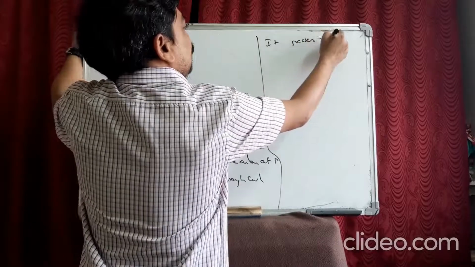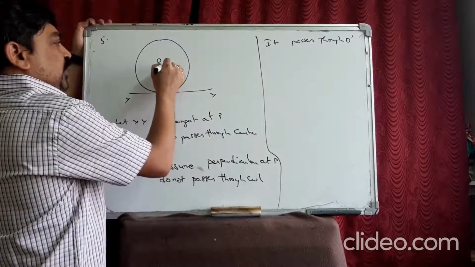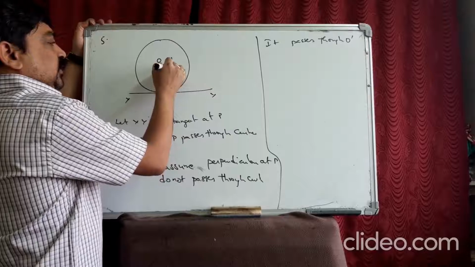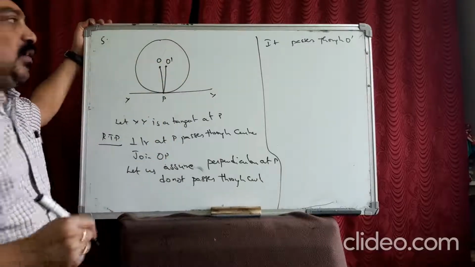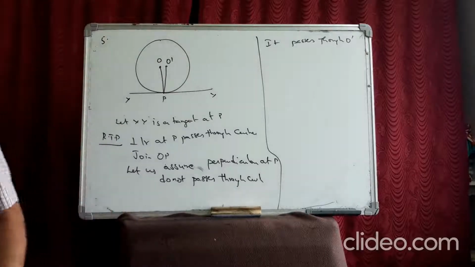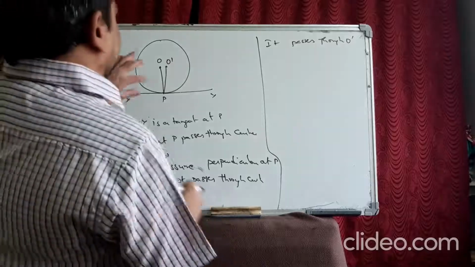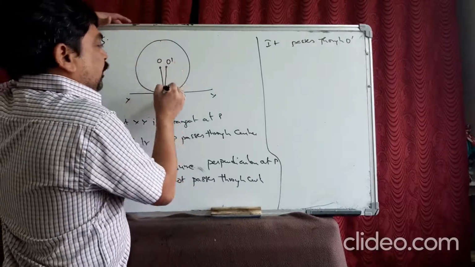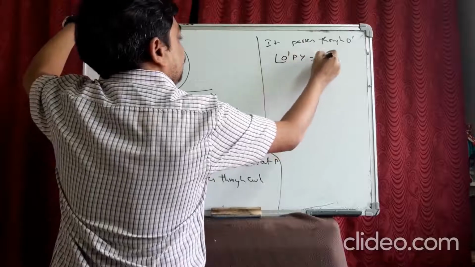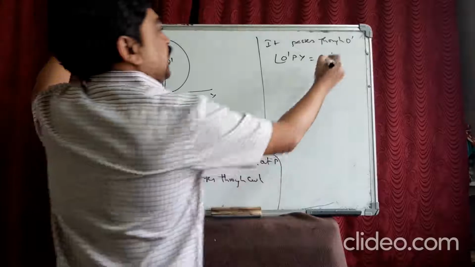It passes through some O dash. So let us take O dash here. Now, suppose this is the perpendicular I take, then angle O dash PY should be equal to 90. Angle O dash PY is 90. So keep it like that.